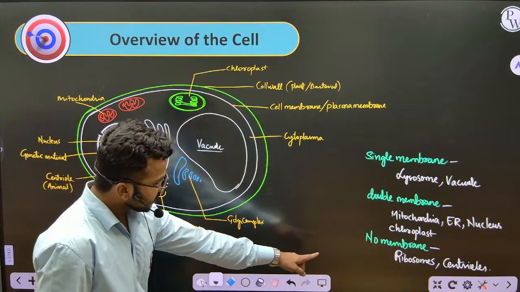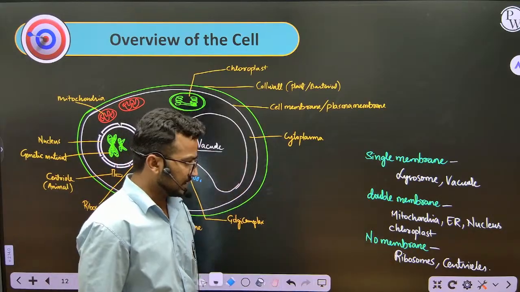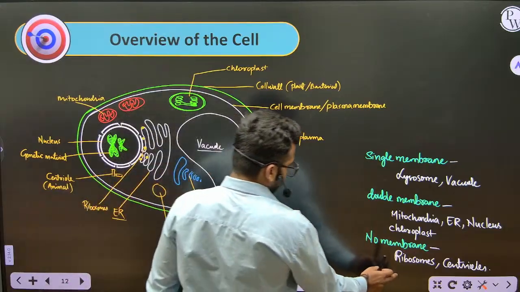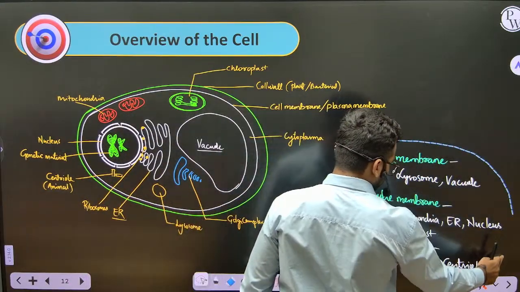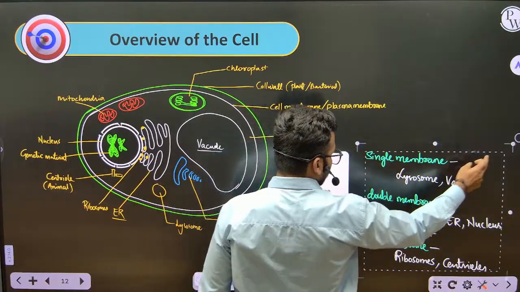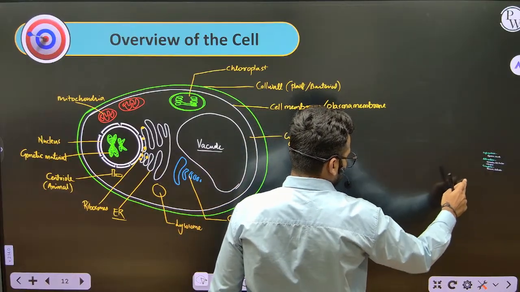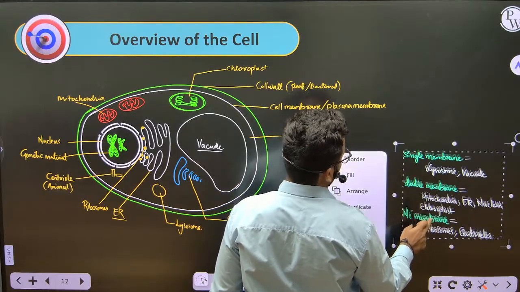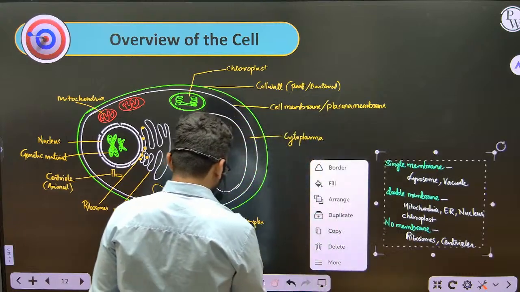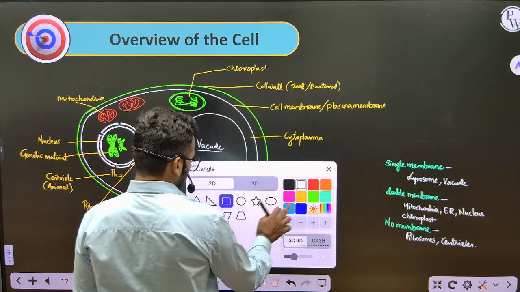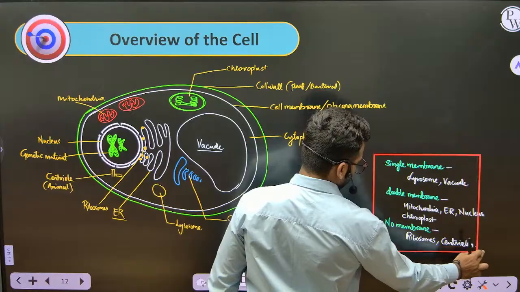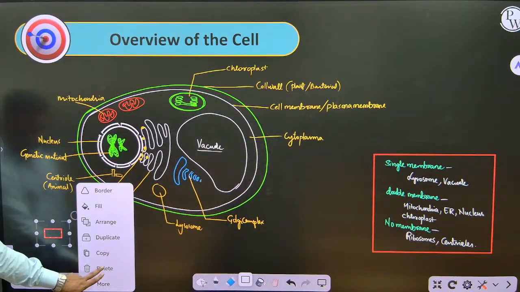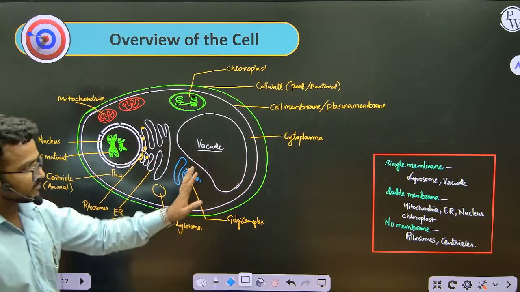So we call them no membrane organelles. So this is the data you need to remember. What are the single membrane bound organelles? What are the double membrane bound organelles? What are the no membrane organelles? These are the things you need to remember in this overview of the cell.